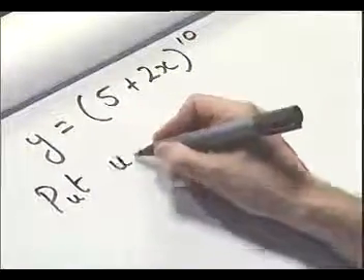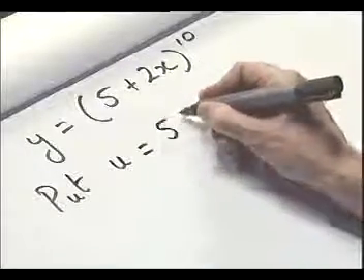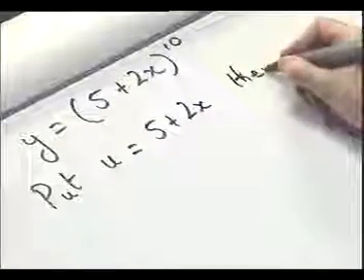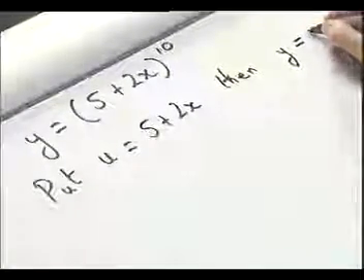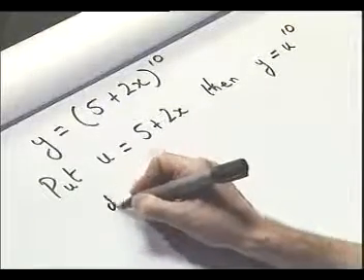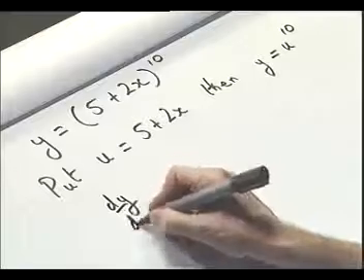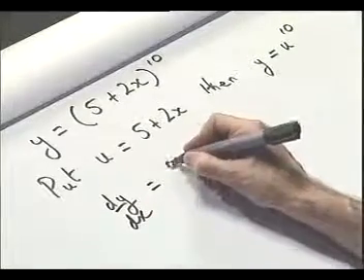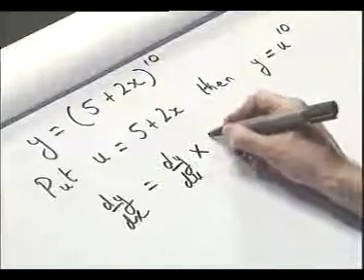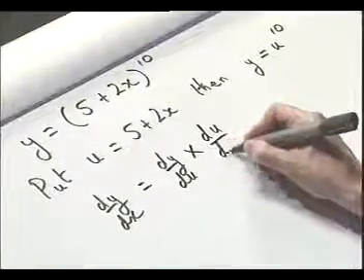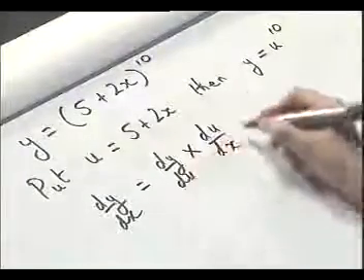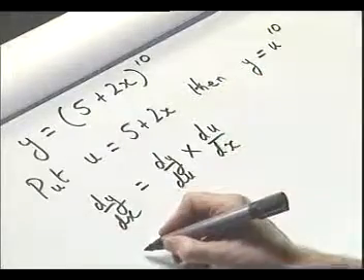We put u equals 5 plus 2x, and then y is equal to u to the power 10. dy by dx is given by dy by du times du by dx. And we can work out each of these two, dy by du and du by dx.